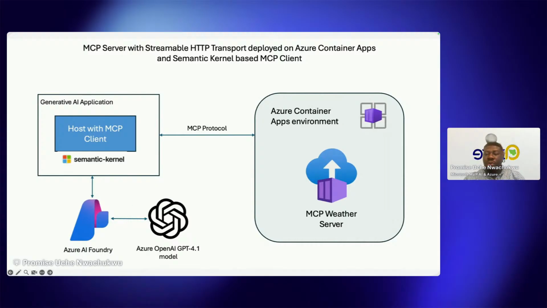Good. So now the next angle I want us to look at is how about we interact with this setup making use of an agent. What we have as an agent is just a service or an application that has the Azure OpenAI GPT 4.1 model at the back end.